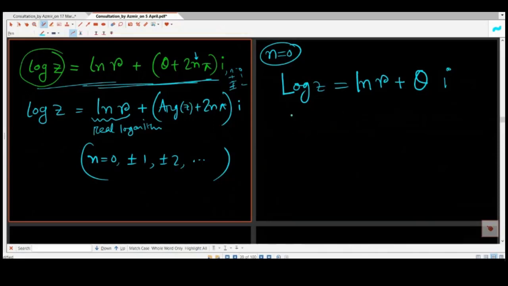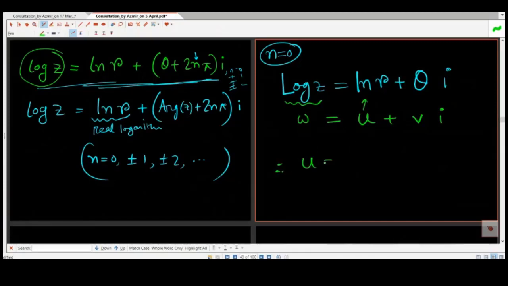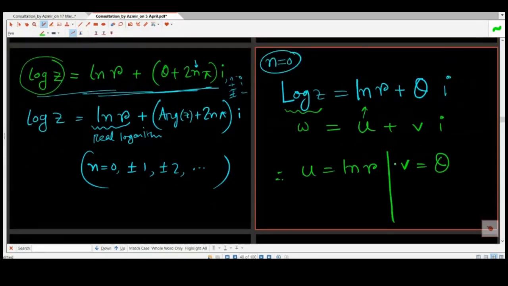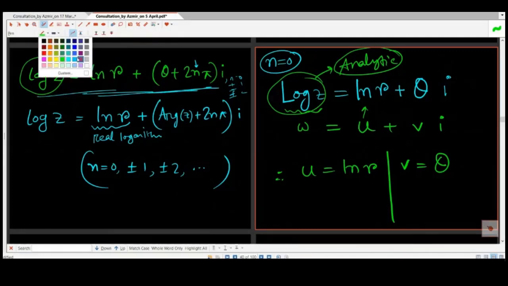So we know that any function can be written as w equals f of z equals u plus vi. So here u equals natural log of r, v equals theta. So we have to check whether this function is analytic or not. Obviously, it will be analytic because we have restricted our domain.